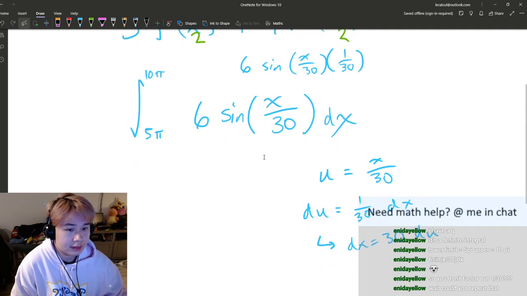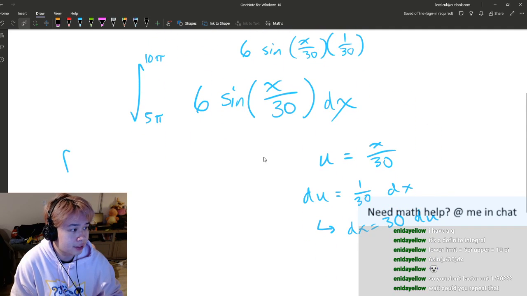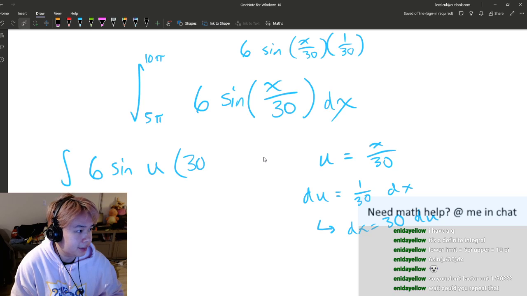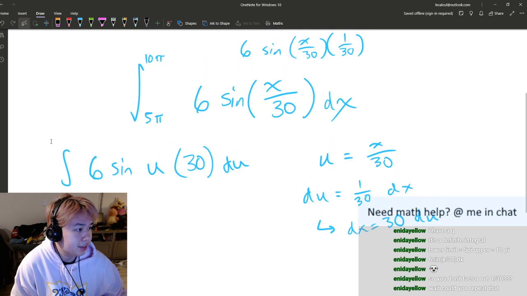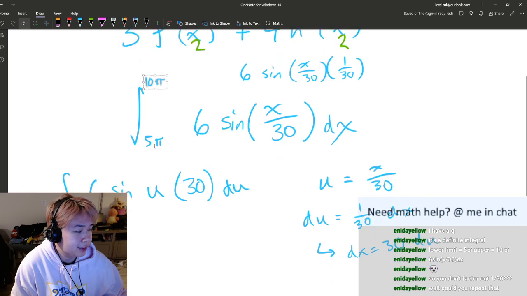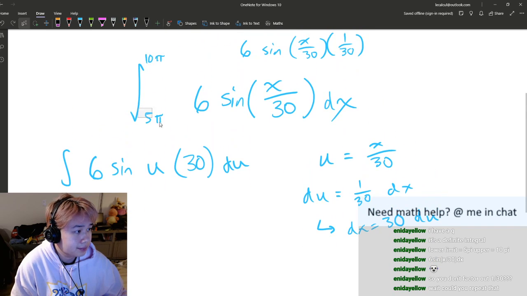So what happens to your integral is it becomes 6 sine u, and then there's an extra 30 from our substitution of dx. And then this is where the 30 comes in when you do it the u substitution way. Du. And then your boundaries of your integrals change, because this is for x, but we're talking about u now.